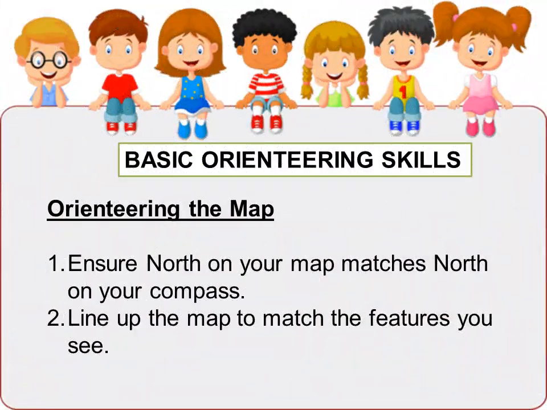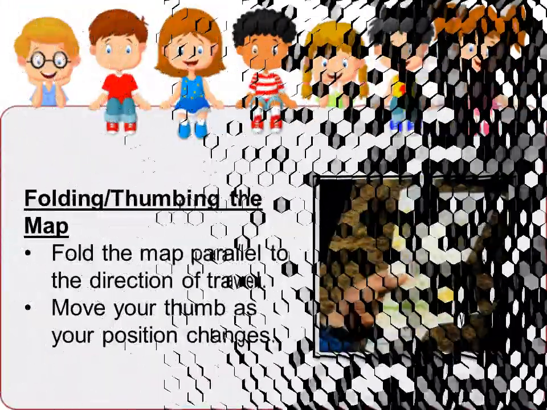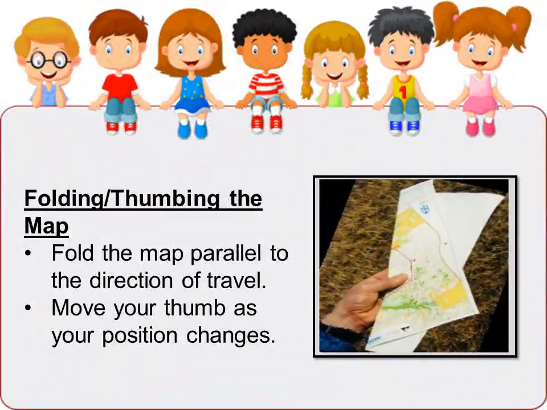Now, let's proceed to the basic orienteering skills. First, we have orienting the map. You need to ensure north on your map matches north on your compass. Line up the map to match the features you see. We have folding or thumbing the map.